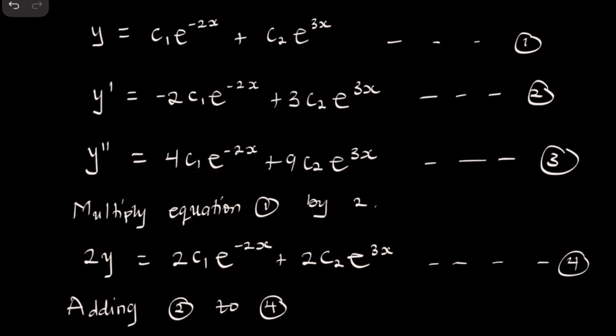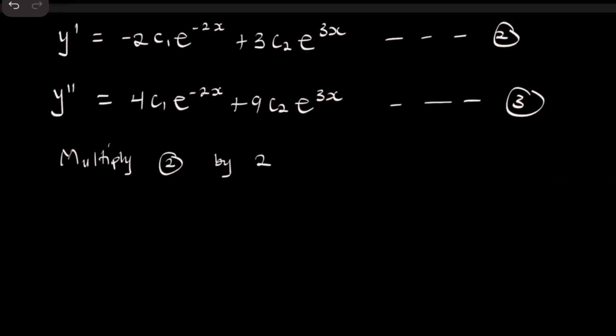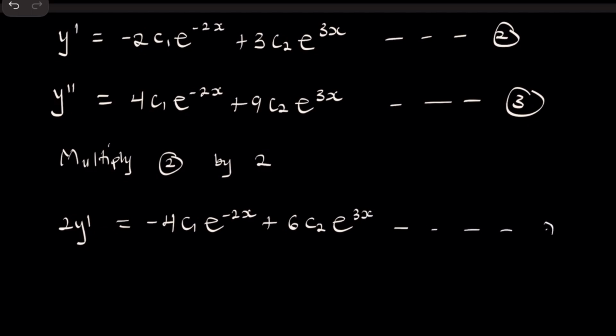In that case, we can have an expression for c2. So we multiply equation 2 by 2, and then add it to equation 3. Multiplying equation 2 by 2 gives 2y prime equals minus 4c1 e^(-2x) plus 6c2 e^(3x). Let's call this equation 7.